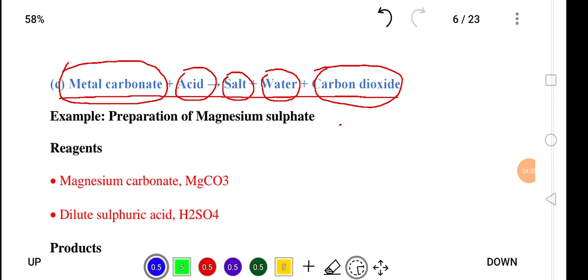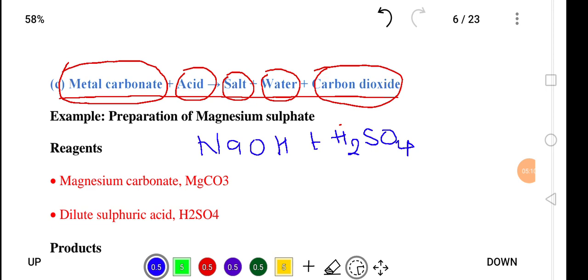I am going to get sodium hydroxide reacting with, for example, sulfuric acid. What happens when a base or an alkali is reacting with an acid, the ions are paired according to their charges.